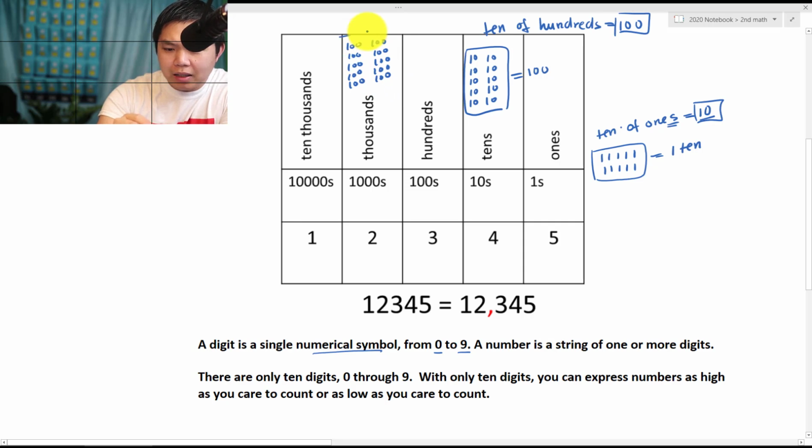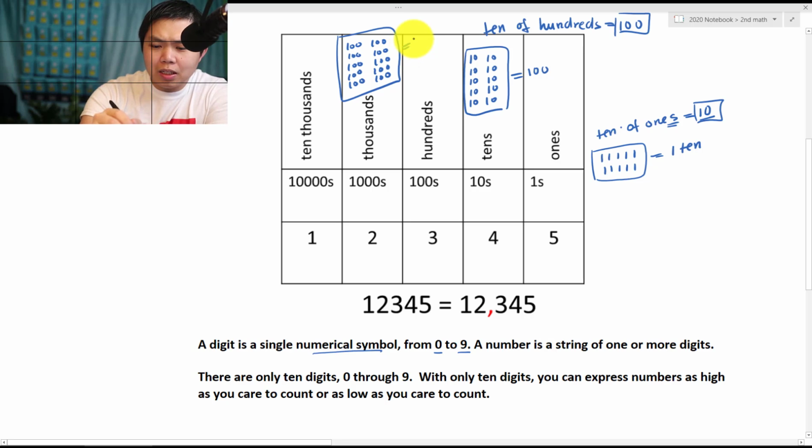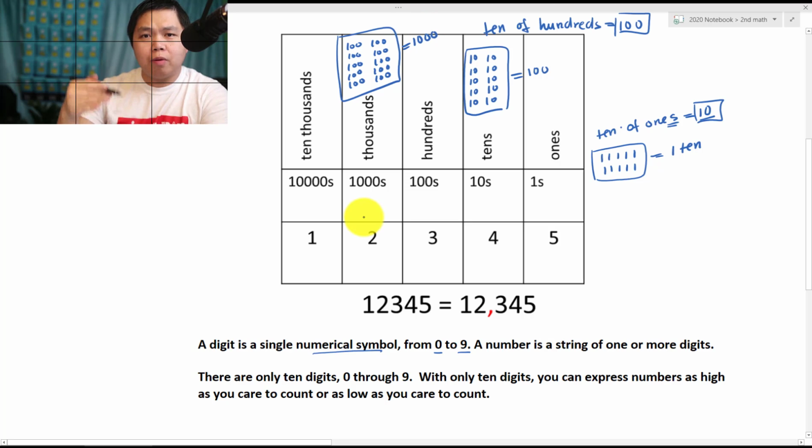So now we have tens of hundred. We're not going to write tens of hundred. That takes too much time. So what we do is this is equivalent to 1,000. And that's how we have place values so that we can write a large number very efficiently.